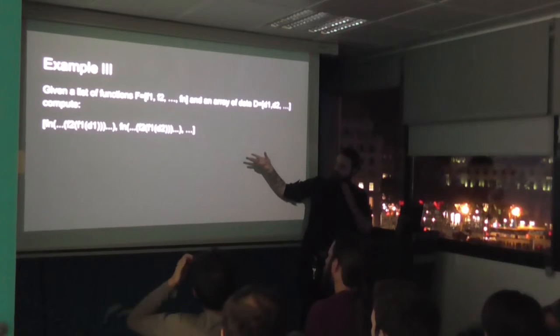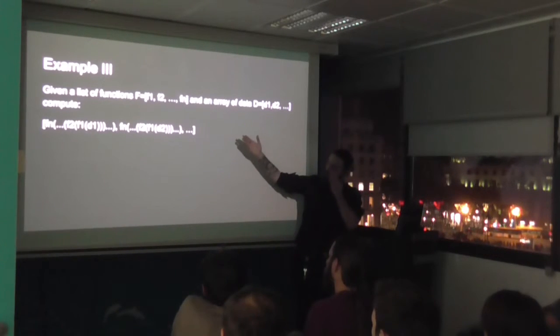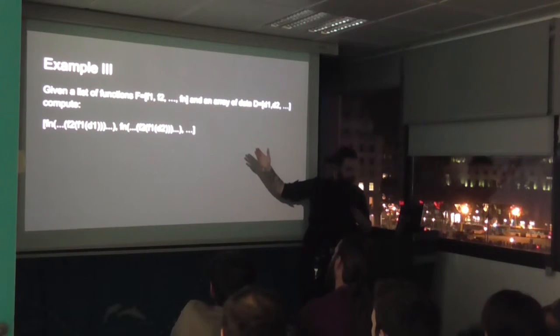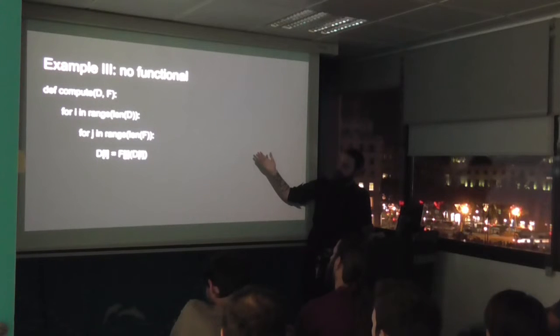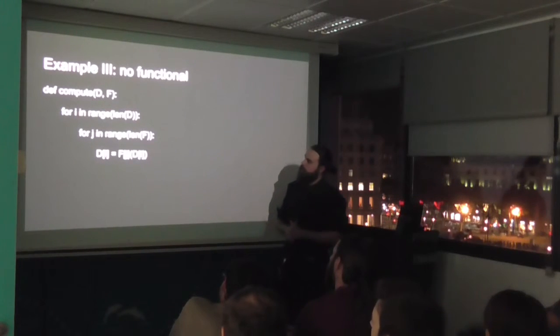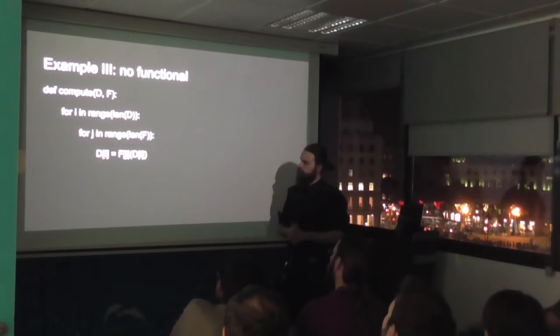We're going to change the statement. What happens if we have a list of functions and not simply 4 functions? The straightforward way is two loops. I have a list of data and a list of functions.